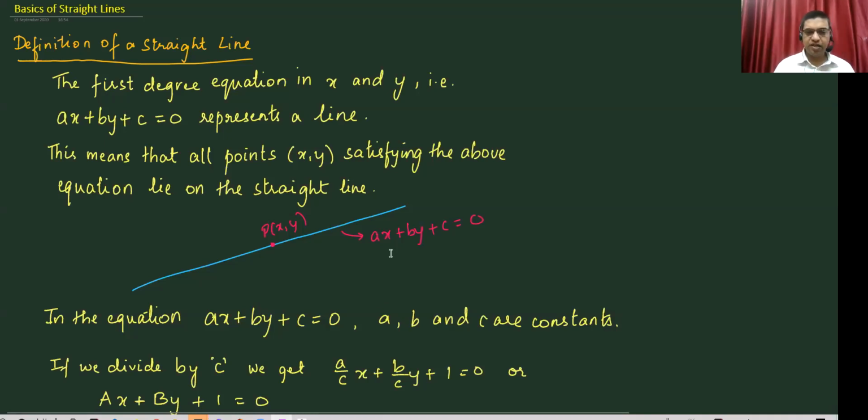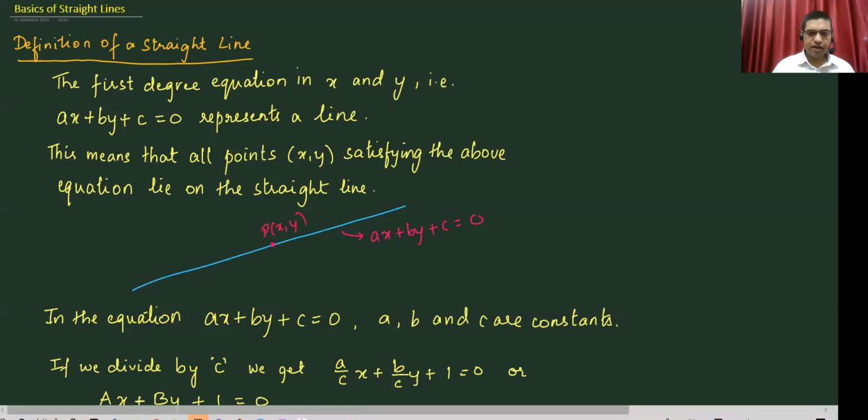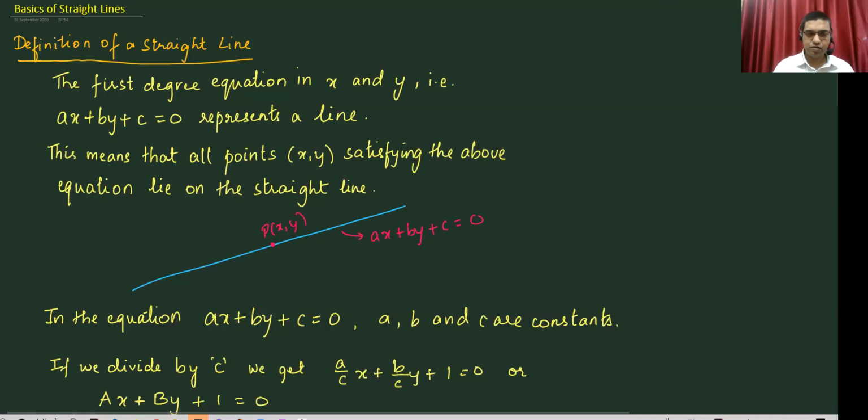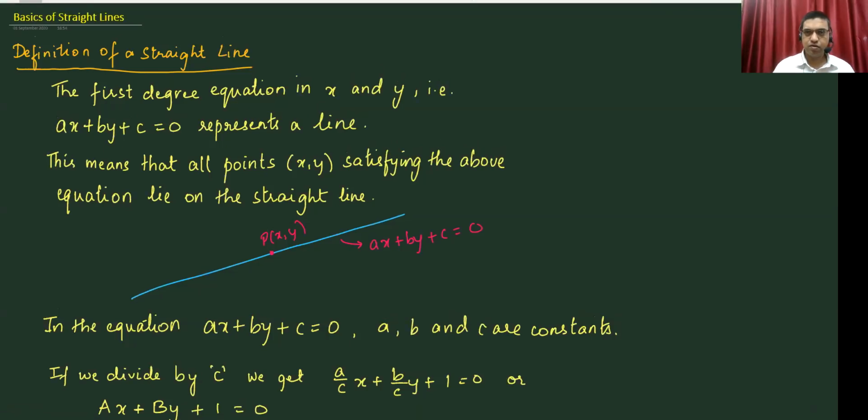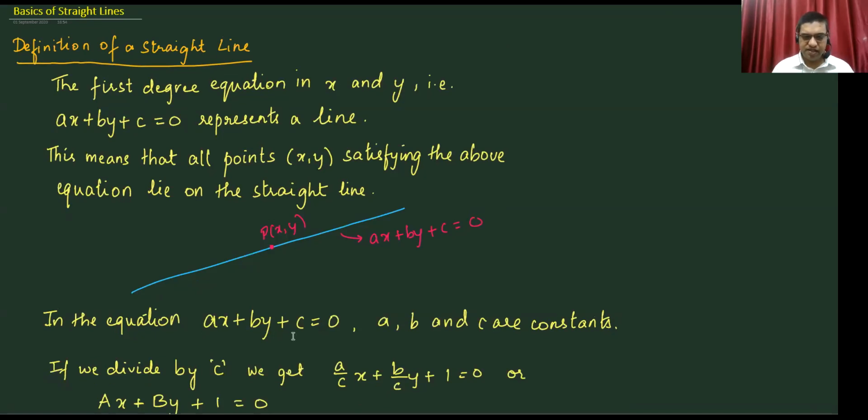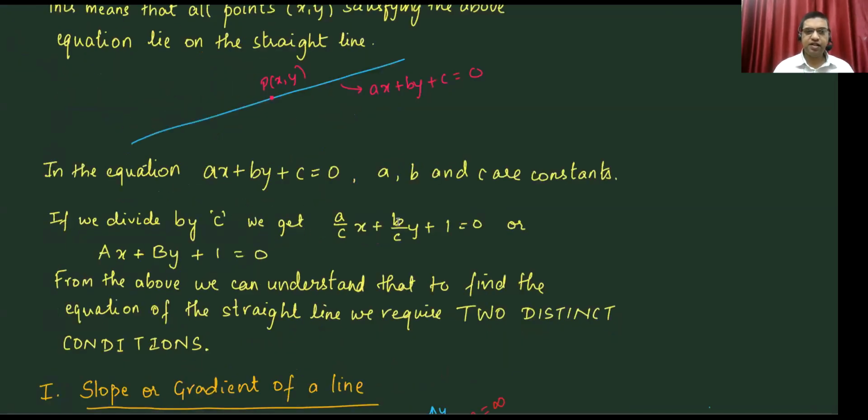Now if we divide throughout by c, we get a by c x plus b by c y plus 1 equal to 0, which means we can replace a by c and b by c by capital A, capital B. So there are two unknowns to define a straight line.